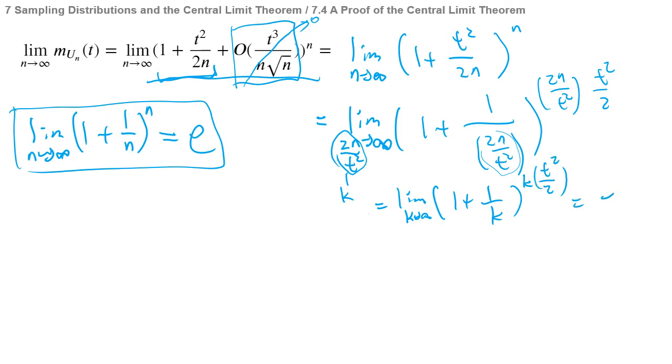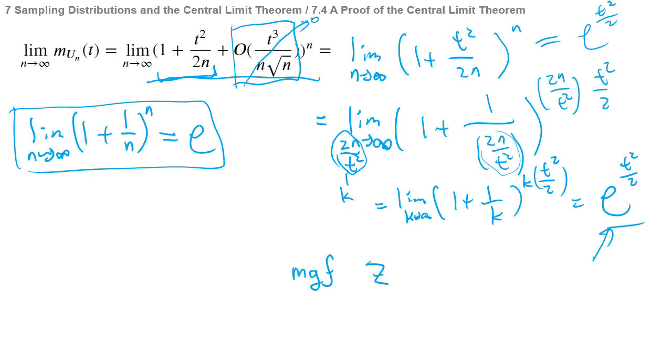And so this is e to the t squared over 2. Okay, so this one converges to e to the t squared over 2. And actually, this is the moment generating function for the standard normal distribution.